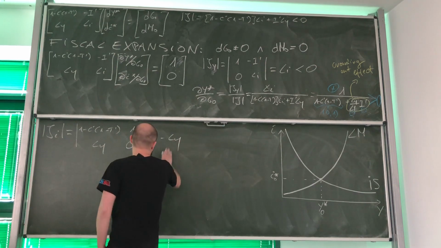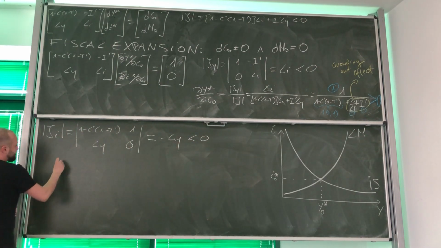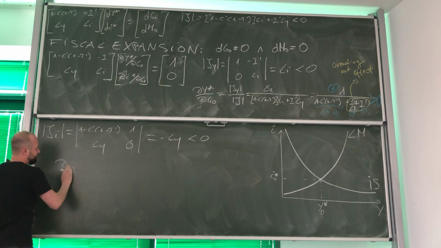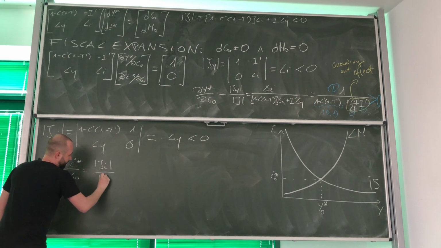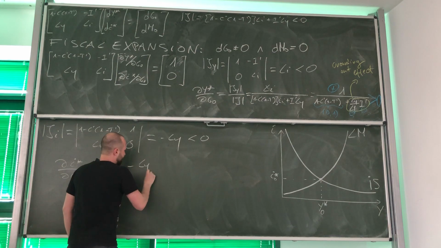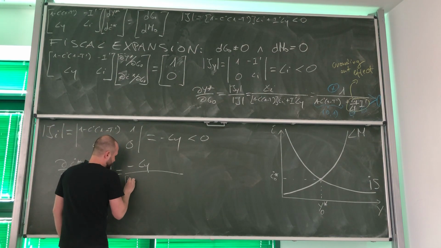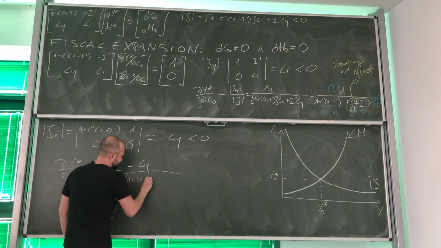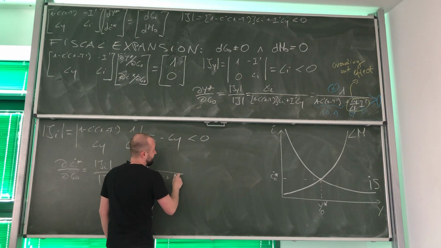Okay. So this is clearly negative because we assume that Ly is positive. So this means that the partial derivative of the equilibrium interest rate with respect to government spending, which is equal to Ji over J, is equal to negative Ly over 1 minus C prime, 1 minus T prime, Li plus Ly times I prime.